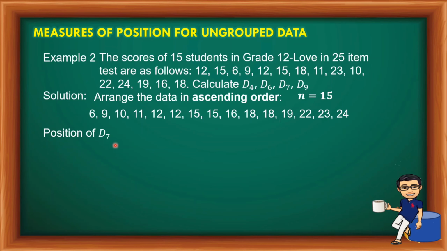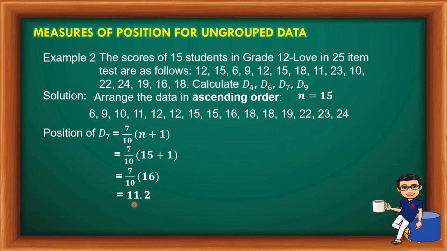So, decile 7, ano ang magiging position of decile 7 formula? Obviously, it's 7 over 10. So, times n plus 1 and substitute again n, which is 15. So, yun, pinalitan na natin, which is 15. Add uli natin, that will be 16. Then, 7 times 16, that will be 112. Divide 10, that will be 11 and 2 tenths.